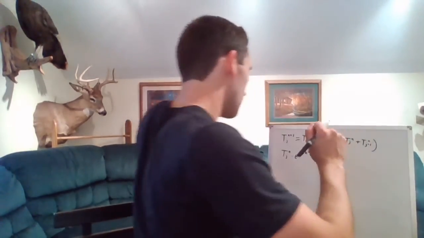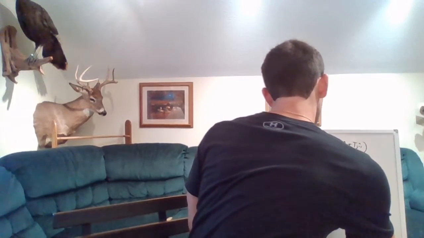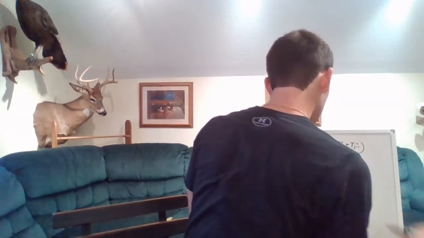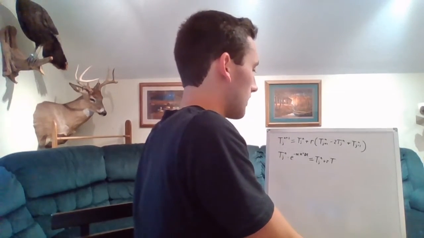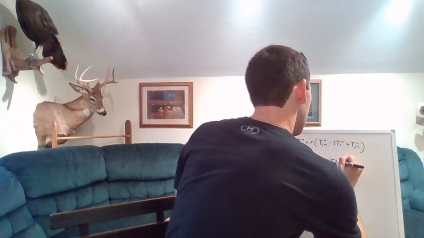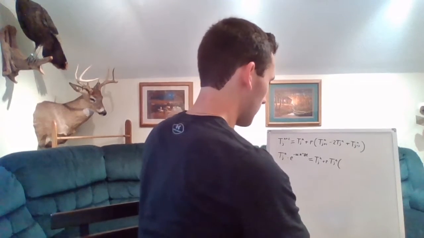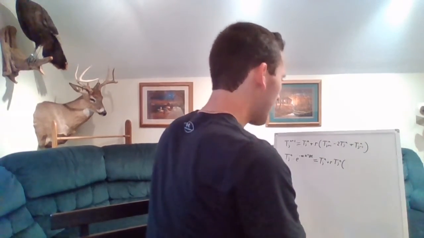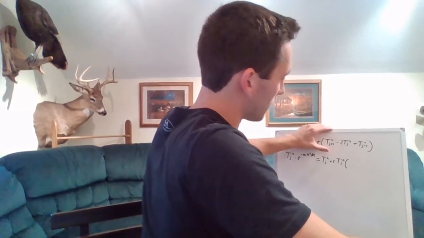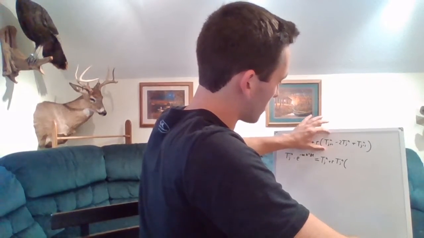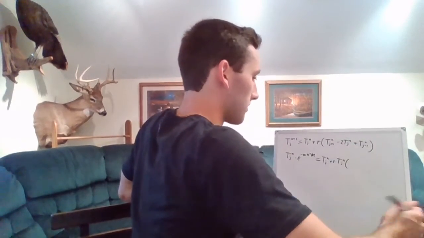We're going to have this equal to T_j^n plus r times T_j^n, the temperature at the current position, current time. So now on the inside, we'll get a variation of e to the something power, we'll get -2 and plus e to something power.